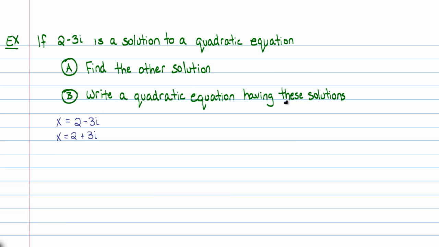So these are our solutions. And now we want to write a quadratic equation having these solutions. And now this is kind of the challenging part initially for students. I'll show you how it's done by taking a side example here. Suppose we had a quadratic equation that had these two solutions, 2 and 3.